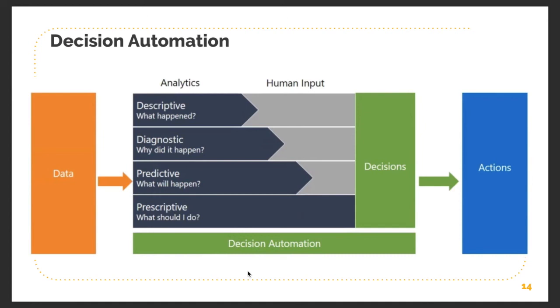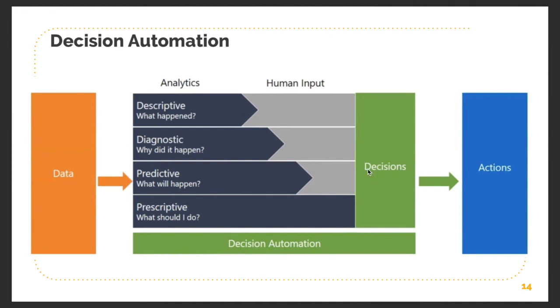So you have data on the left side, and basically, decision automation is: if you have this data, what are the actions that you are going to do in the end? Let's say you have here the analytics portion and the human input necessary to come up with a decision.